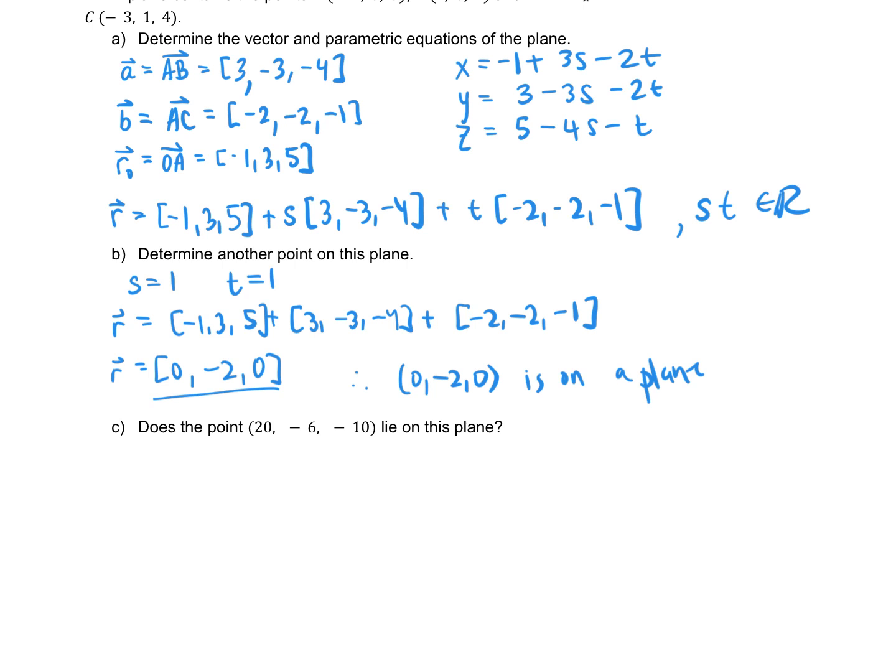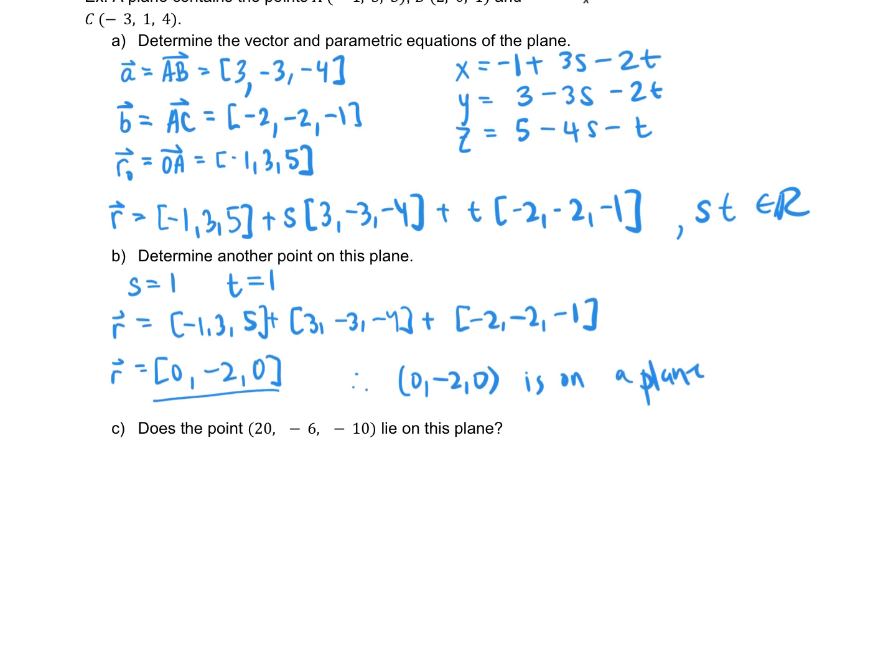So I'm going to set my x parametric equation, so from right here, equal to 20, and -6 equal to the y. And I mean, I can do elimination right now. Everything's nicely lined up. I even have my t's, even my s's matching, so I can eliminate for either one.